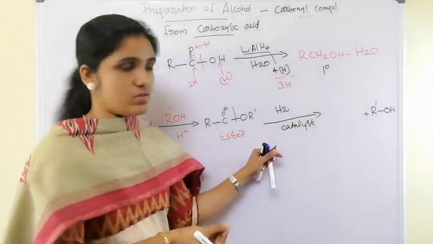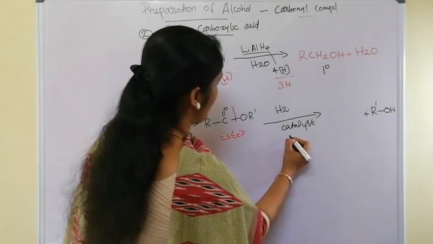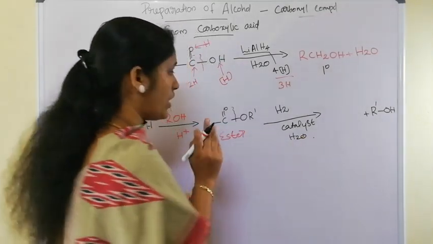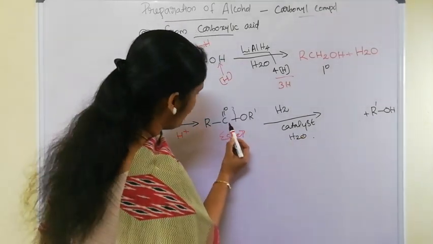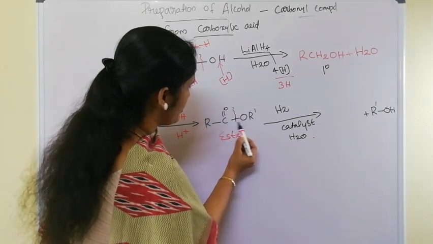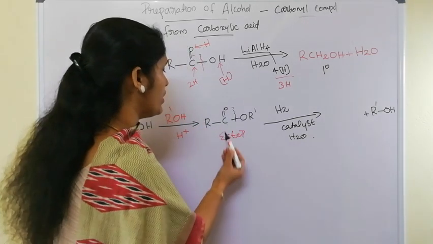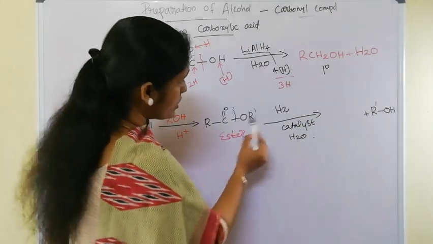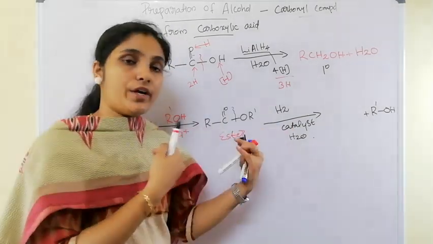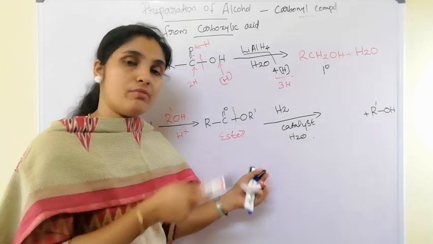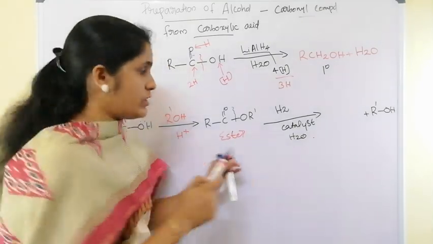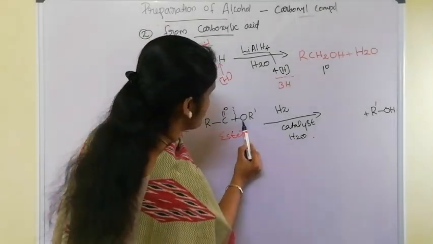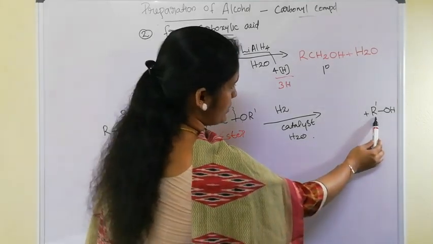Here actually what happened is, first of all, the single bond between carbon and oxygen is broken down, and in the hydrogenation reaction plenty of hydrogen is supplied, and from that one of the hydrogens is taken by this oxygen and it is eliminated as what?